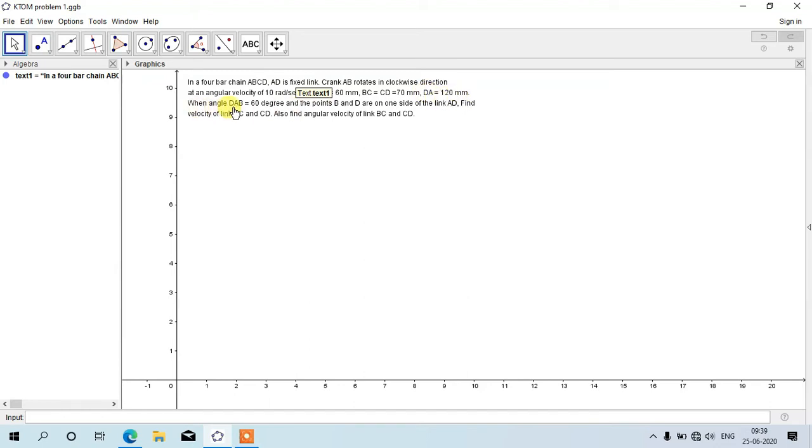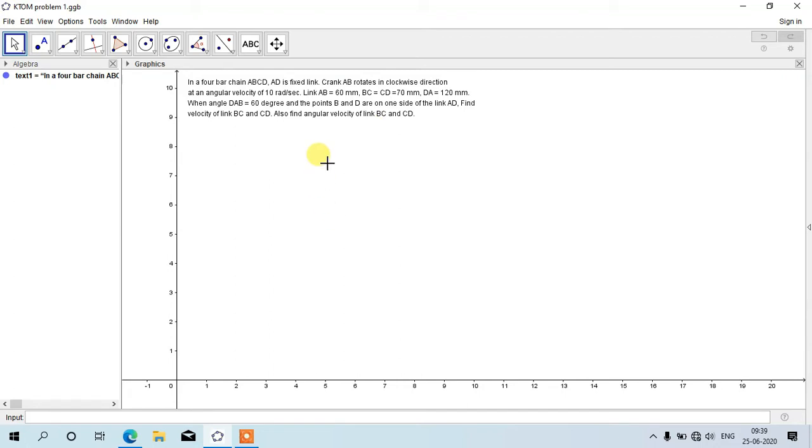When the angle DAB is equal to 60 degree and the points B and D are on one side of the link AD, find the velocity of link BC and CD and also find the angular velocity of links BC and CD. So you are required to find the velocities of other links and also the angular velocity of other links.